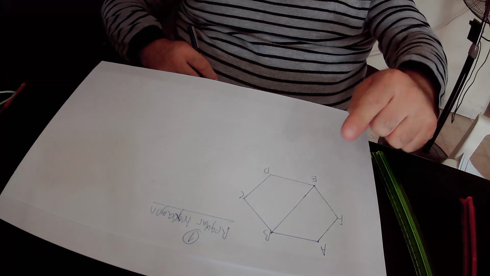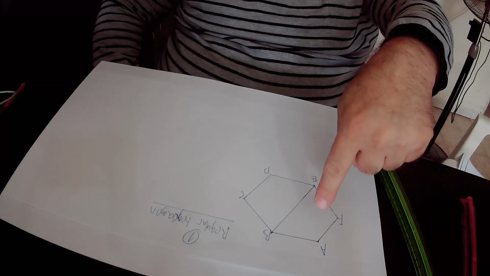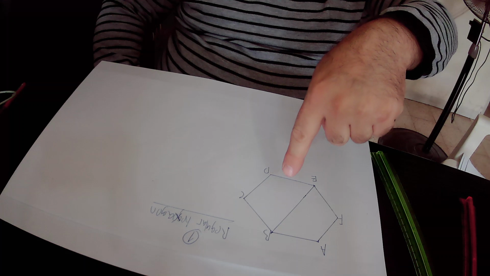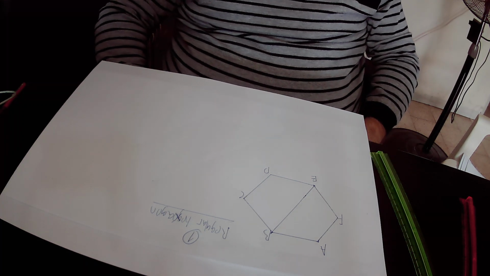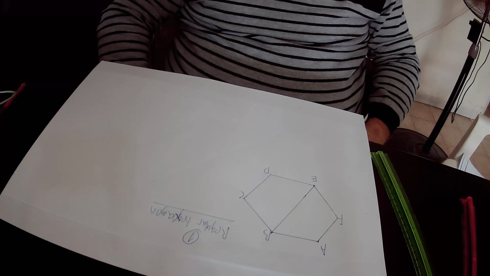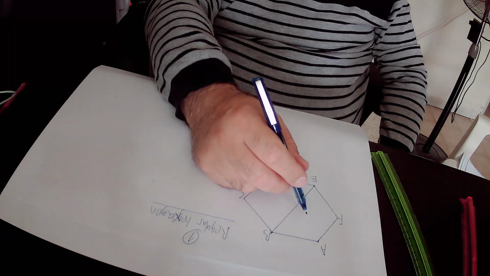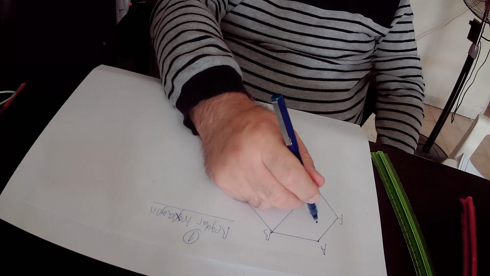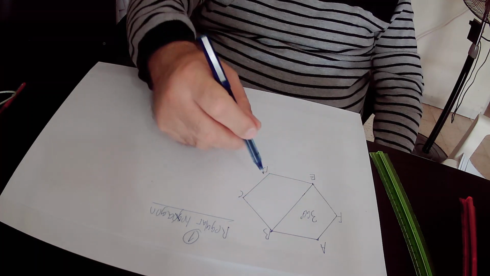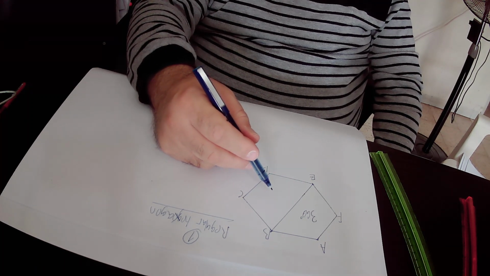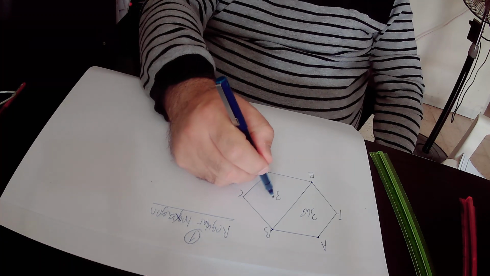By joining points B and E, we created two quadrilaterals, quadrilateral A, B, F, E and quadrilateral B, C, D, E. We know that the sum of the angles in any quadrilateral is equal to 360 degrees. So the sum of the angles in quadrilateral A, B, F, E equals 360 degrees. And the sum of the angles in quadrilateral B, C, D, E will also be equal to 360 degrees.